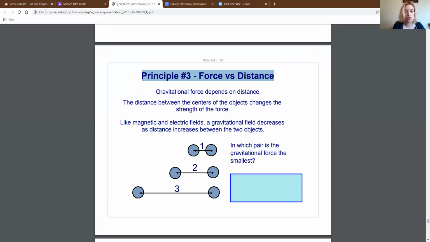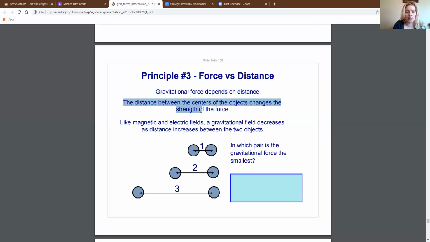All right, so gravitational force depends on distance. Oh, sorry guys, I know it's doing that. Gravitational force depends on distance. Okay.